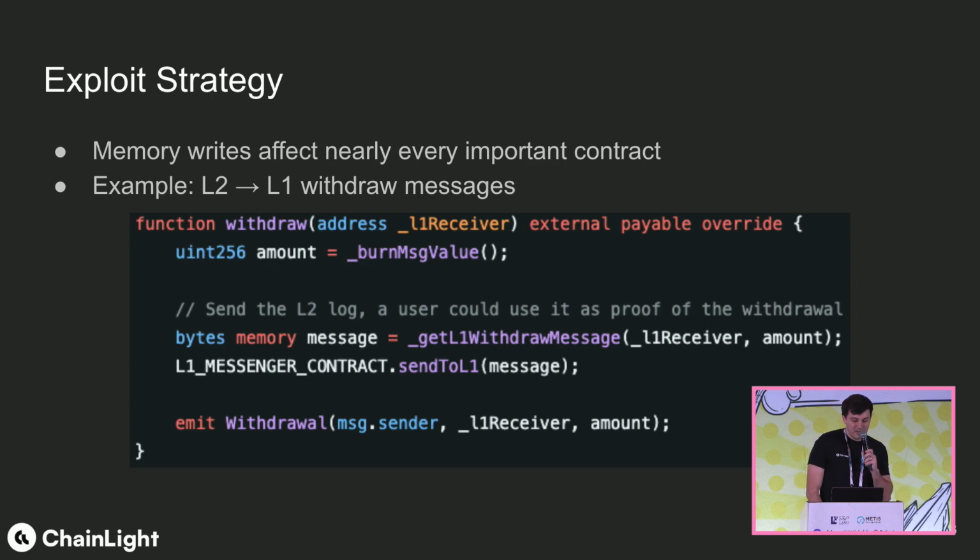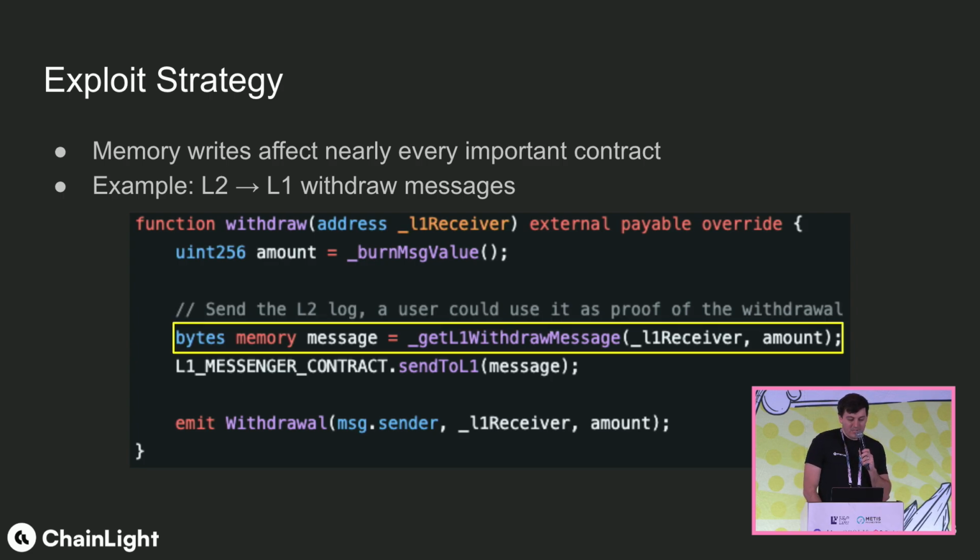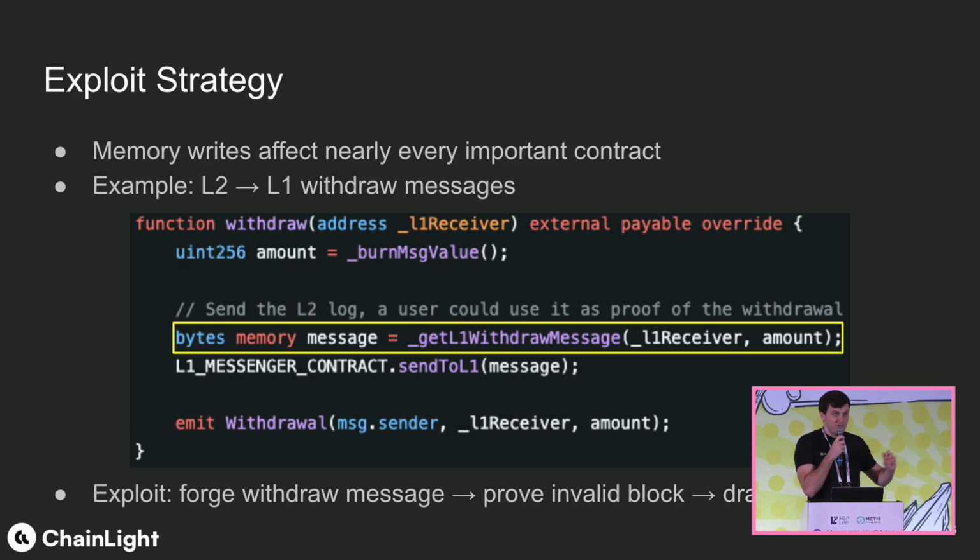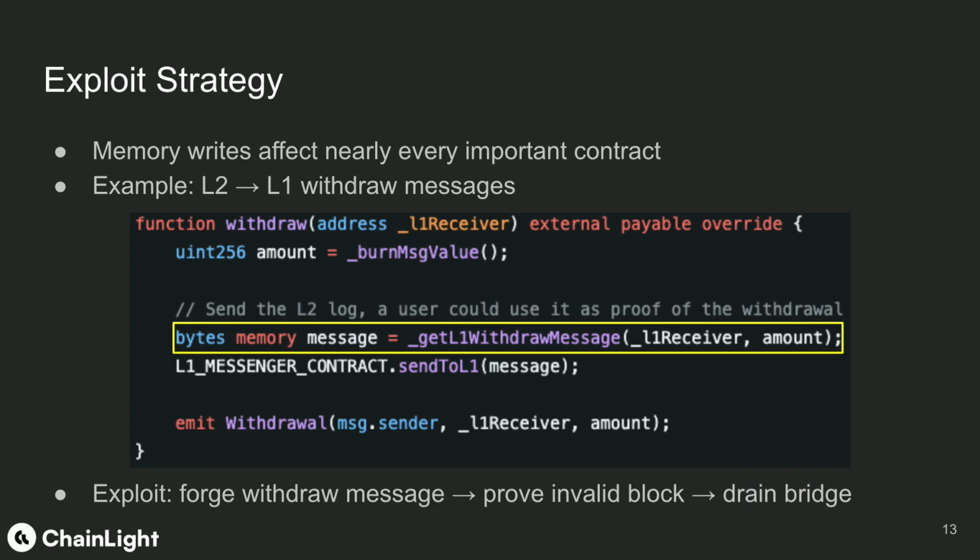There's this system contract, and it burns your ETH on the L2 and generates a withdraw message that gets put in the block root that you can then finalize on layer 1. This withdraw message gets written into memory. So a malicious prover would be able to manipulate the amount of ETH that gets written in this withdraw message, and then on layer 1, prove that invalid block and finalize the withdrawal, which withdraws more ETH than they were attempting to withdraw.